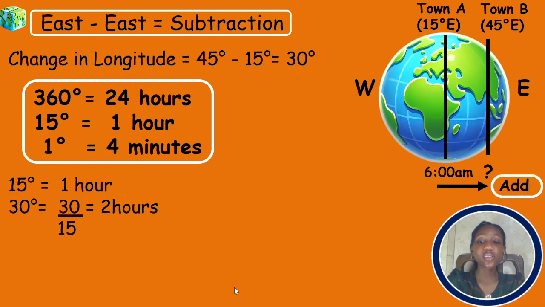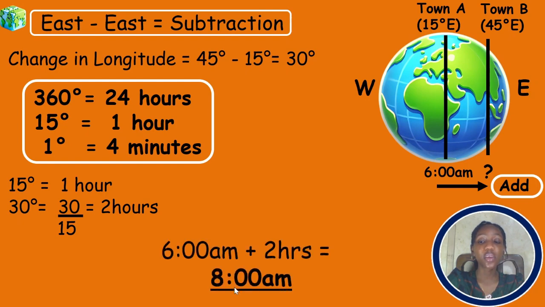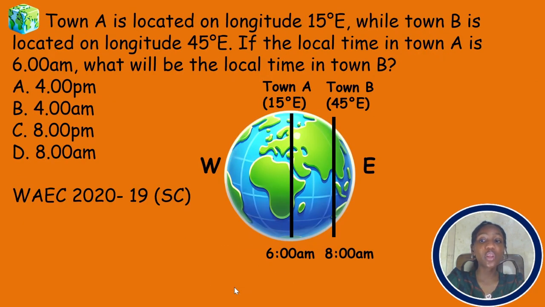To get our final answer, all we need to do is add our longitude difference, that's the 30 degrees longitude that we converted to 2 hours, which is now our time difference, to the time that we already know, 6 a.m. So 6 a.m. plus 2 hours gives us 8 a.m. So when picking our answer, we need to be careful. After calculating and getting the right answer, the examiners will get you at the final stage. The answer is 8 a.m., not p.m.